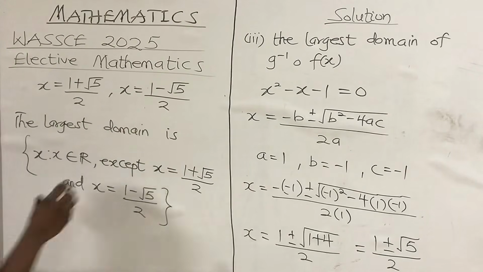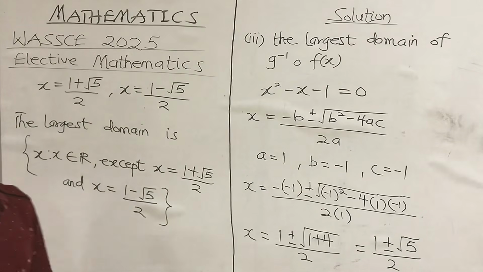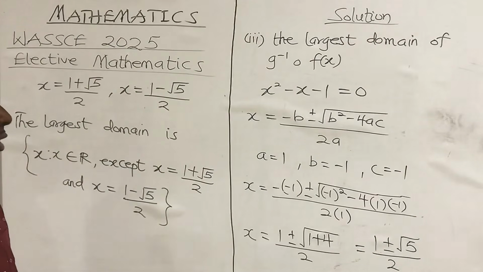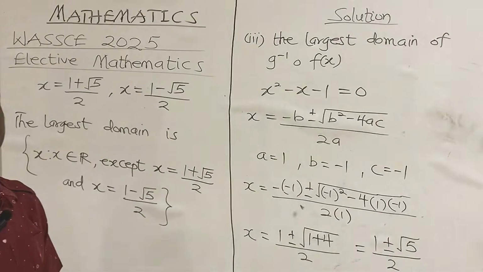Then you close your bracket. So my cherished viewers, this will be the domain of the g inverse of f of x.